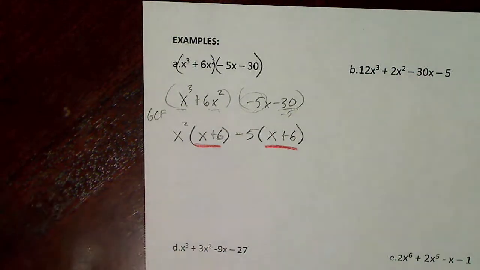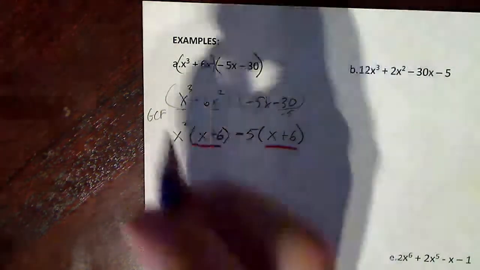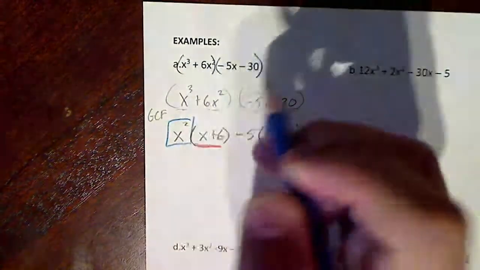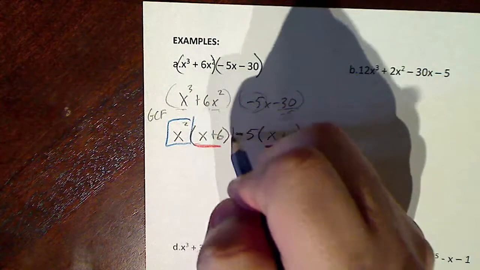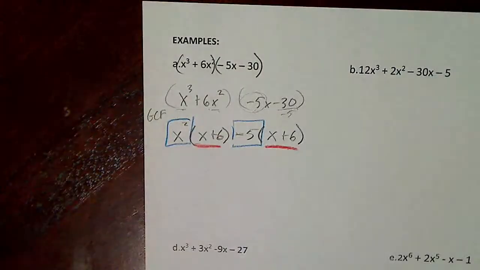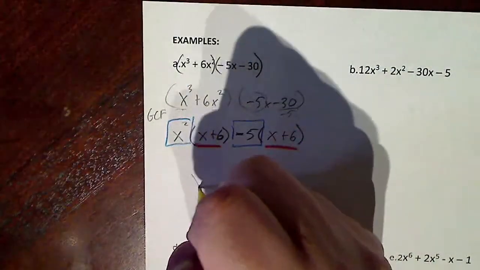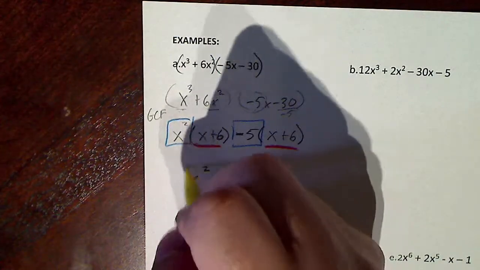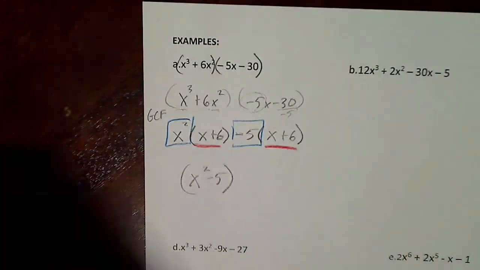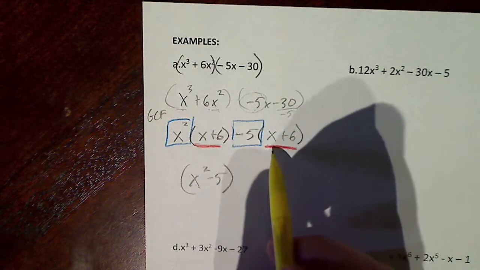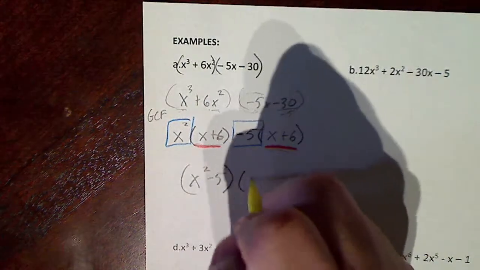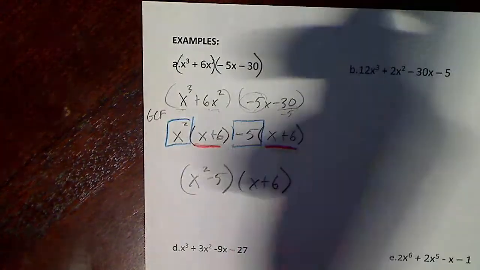So now to write this, I'm going to take my two GCF terms, which are this term and this term, and rewrite that as one factor, x squared minus 5. And I'm going to take the term that is the exact same, x plus 6, and write that as another factor.